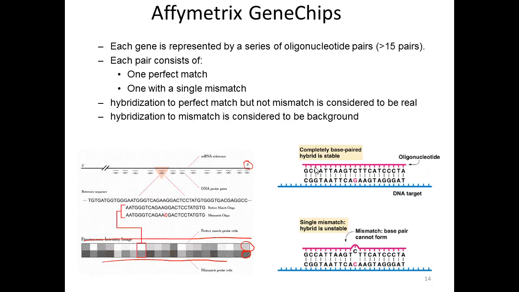The control feature is the exact same sequence as the sequence for the gene, except with one mismatch here in the center. Now the idea about putting a mismatch in this feature by incorporating a C instead of a G on the surface is to prevent specific hybridization with the gene sequence. That will only occur at what's called the perfect match site.